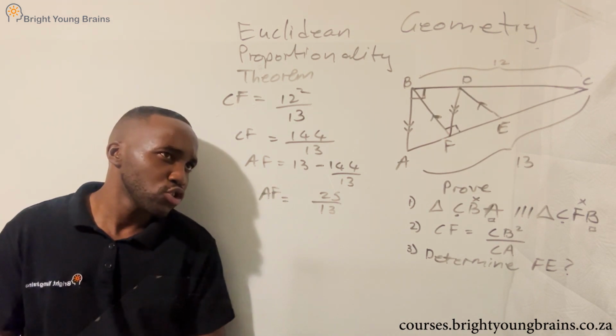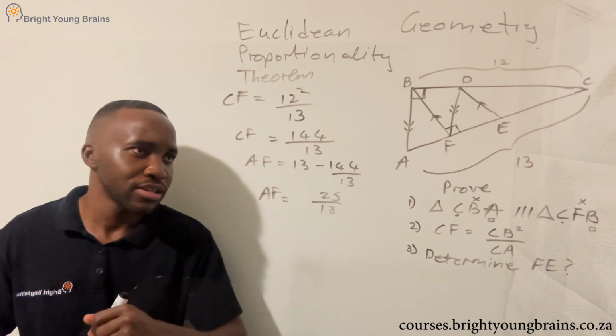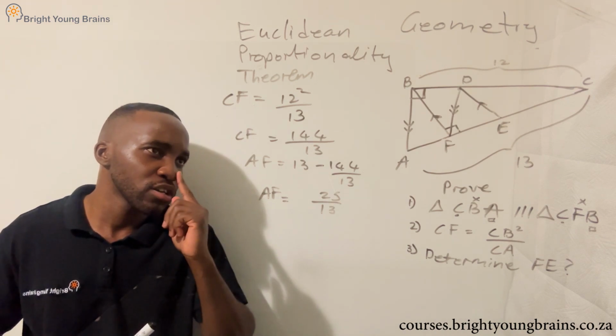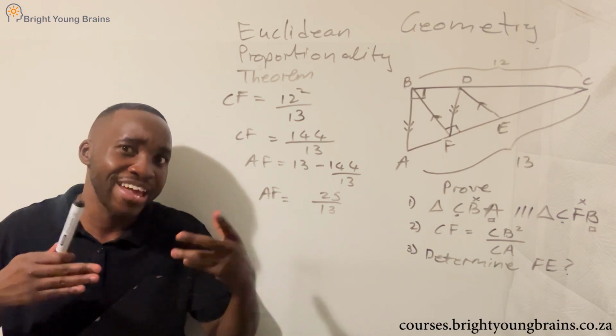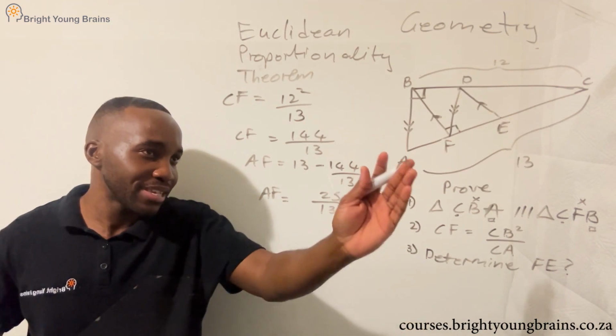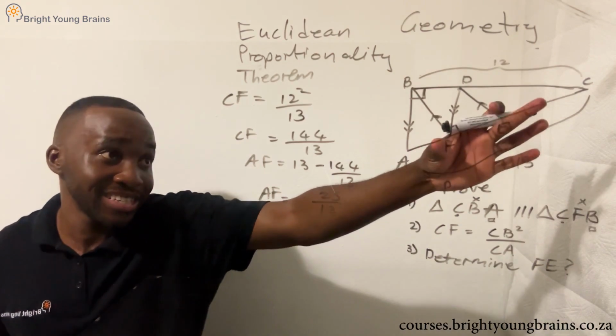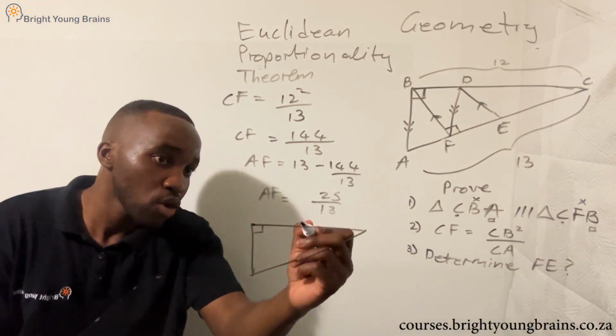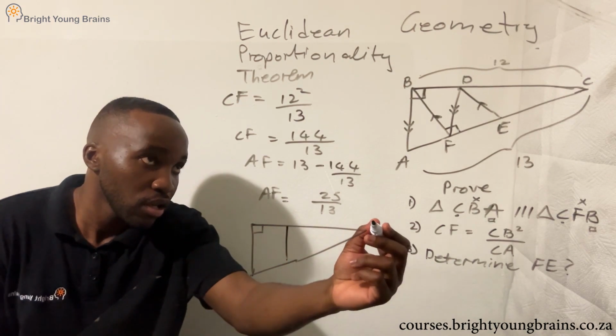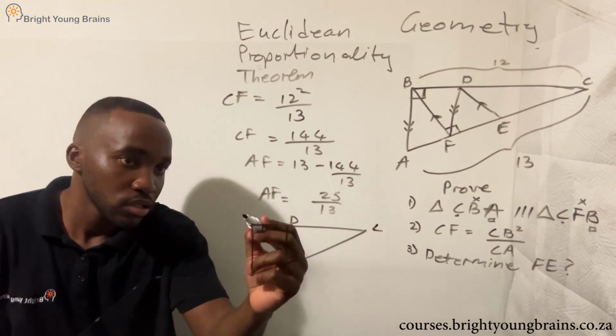But we can get a ratio, because look at this. I feel like if we get a ratio here, we can get something going. It's going to require us to be creative. So if you look at our sketch, remember we got AF here and CF. So just from getting those, we might as well focus on this part of our sketch. There we go.